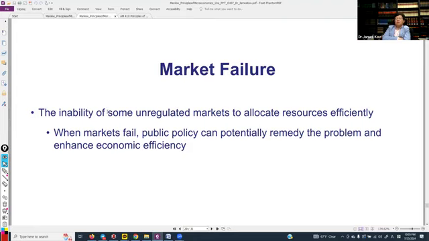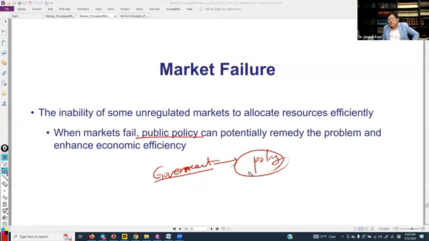It is the inability of some unregulated market to allocate resources efficiently. Sometimes the market has not failed but the price has hugely increased. Sometimes with market failure, public policy and government get involved. That is a potential remedy for the problem, to enhance economic efficiency.